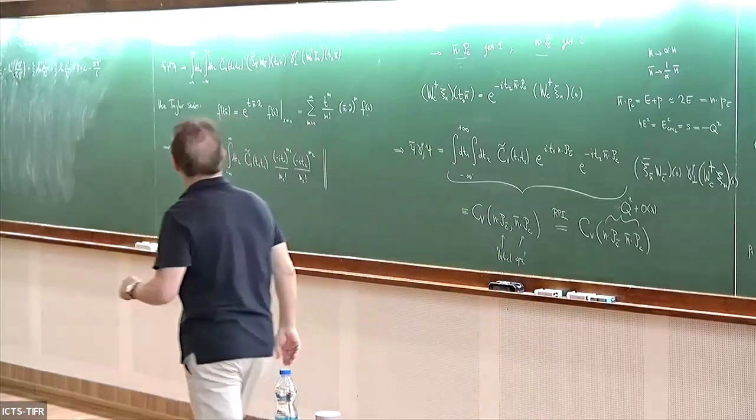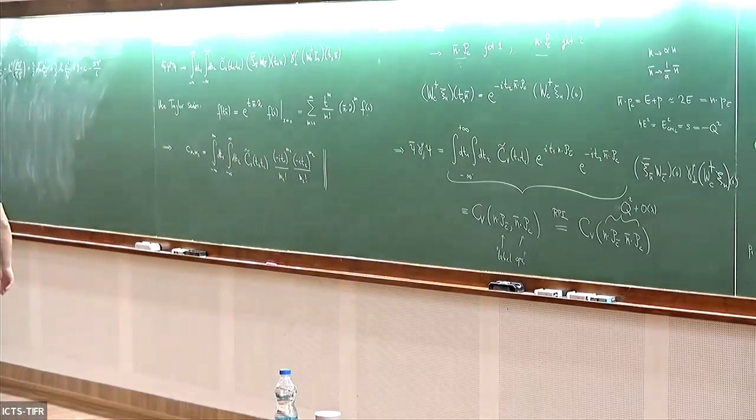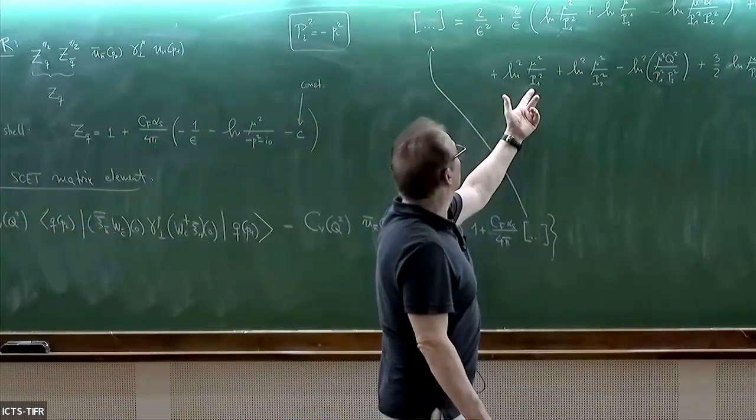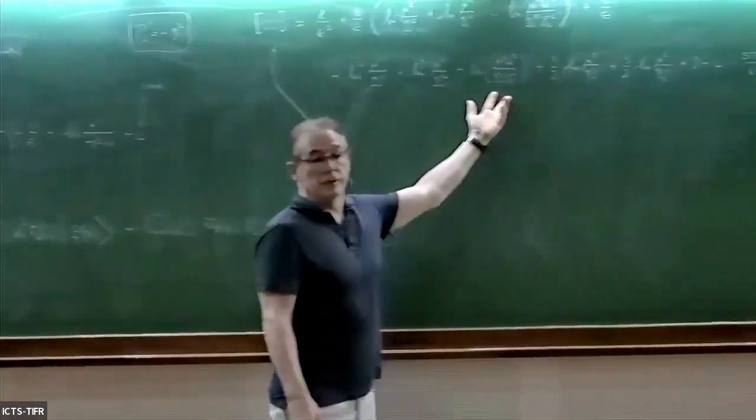You see here, ignore the divergent terms for now. You see there are logs with the collinear scale and there are logs with the ultrasoft scale.